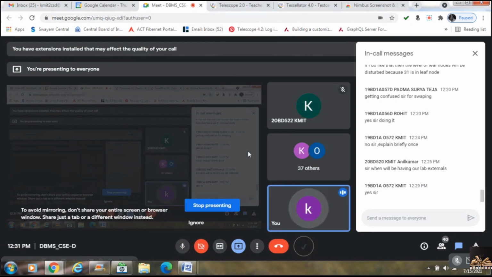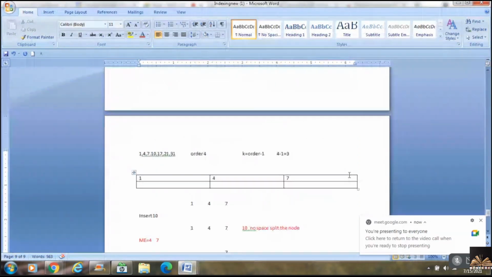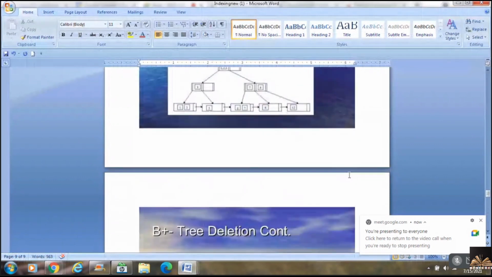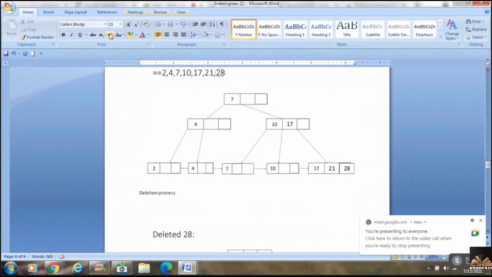Now, looking at the search process, whenever you want to search for an element in a B plus tree, this is the complete tree I have. Now, I'm looking for an element with value 22.